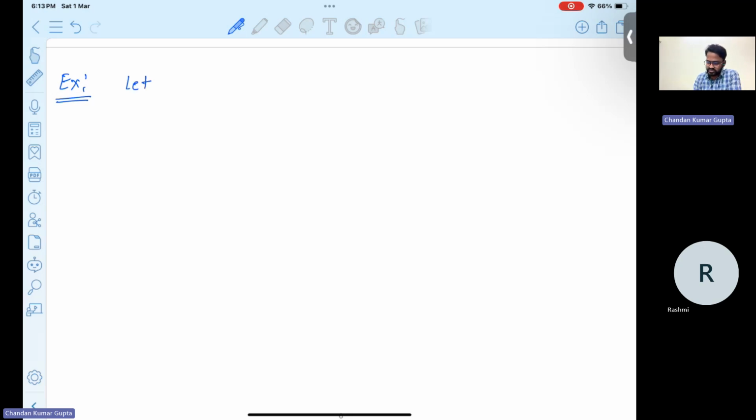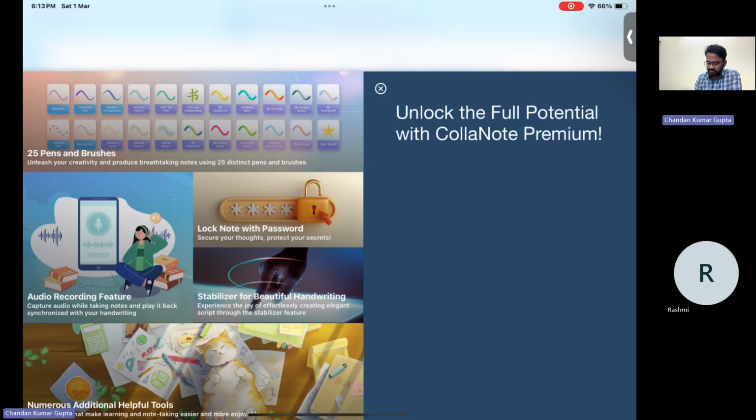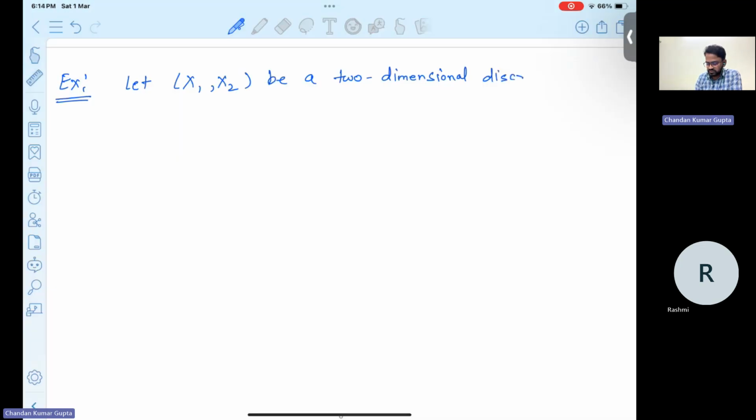So let x1, x2 be a two-dimensional discrete type random variable with the following joint PMF, joint probability mass function. We are given the joint probability mass function of x1, x2.